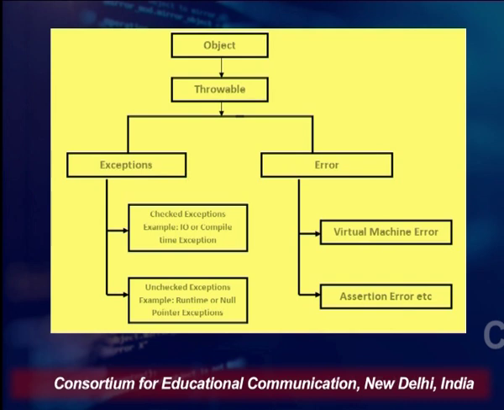What the difference between exceptions and errors is, we have covered in our previous lectures. Coming to exceptions, we have checked exceptions and also unchecked exceptions. Checked exceptions are the compile time exceptions, such as input output exceptions.